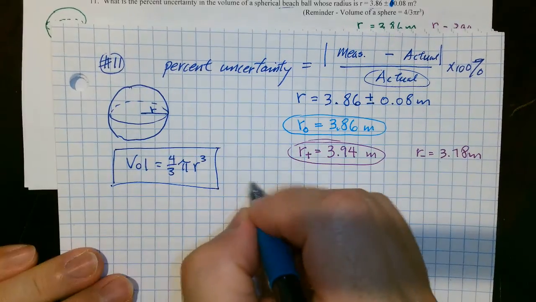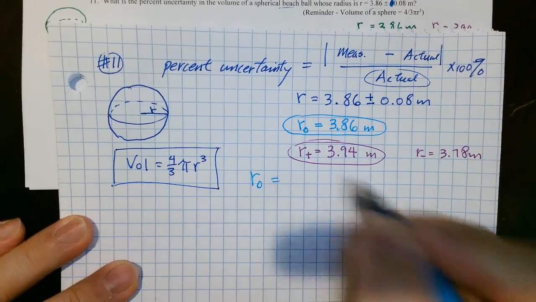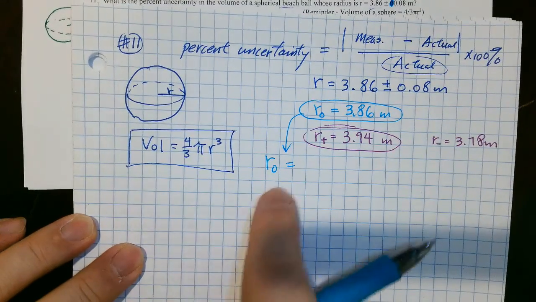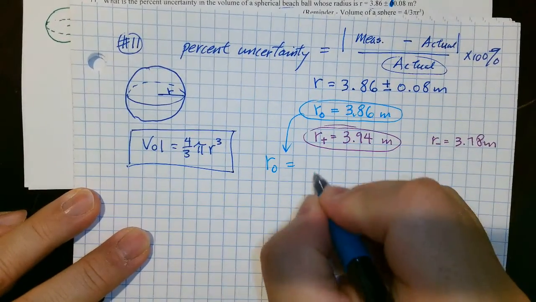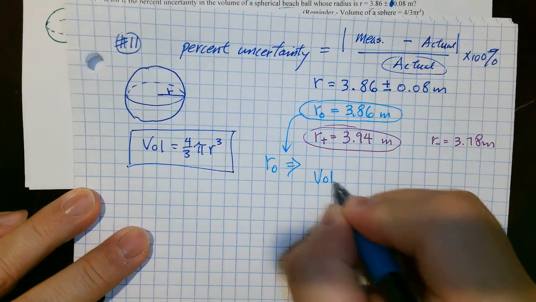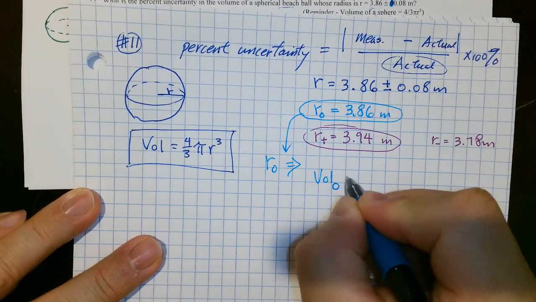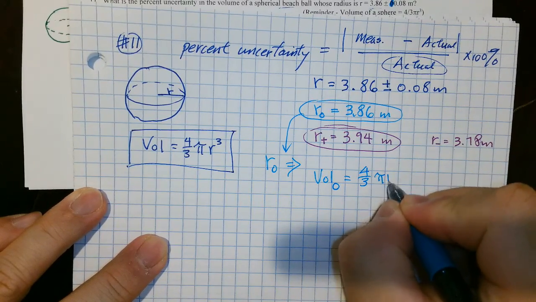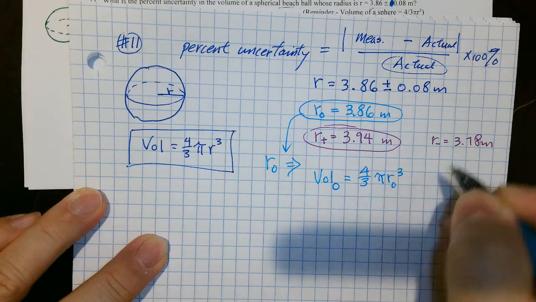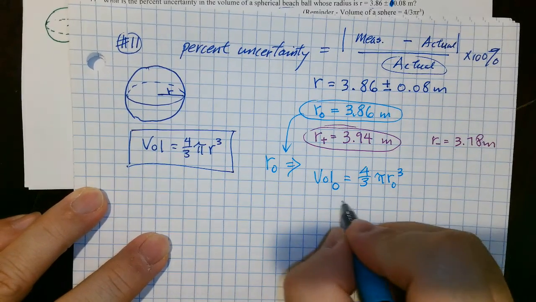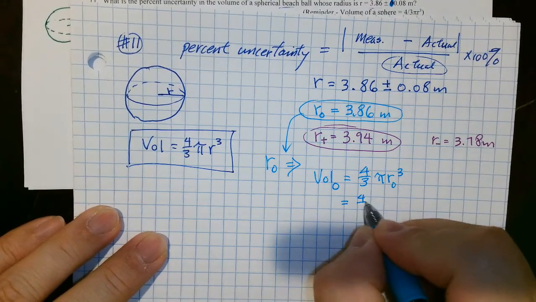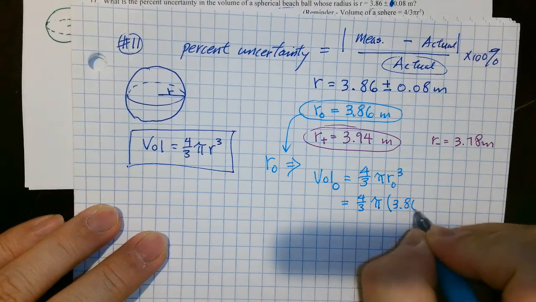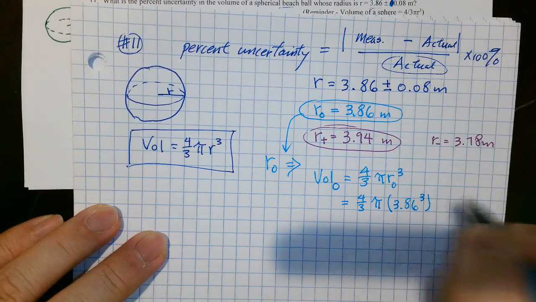All right, so let's take a look at the volume of r naught. Volume naught is equal to 4/3 pi r naught cubed, which is 4/3 times pi times 3.86 cubed.